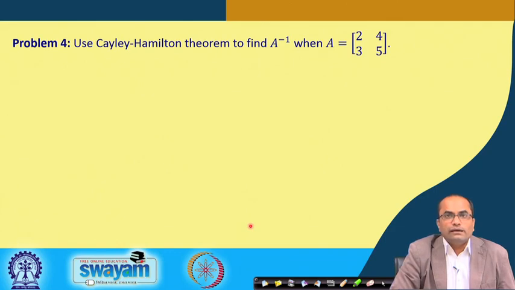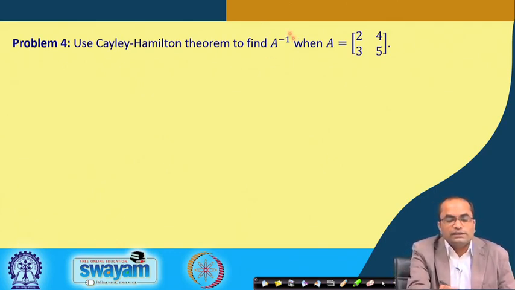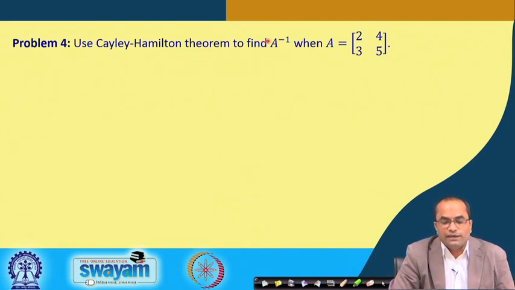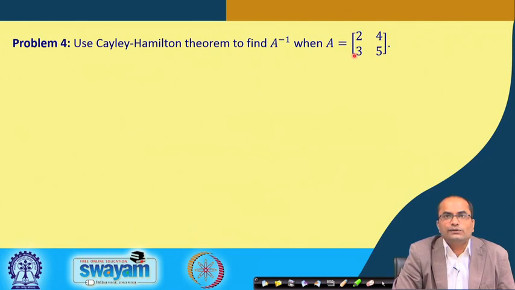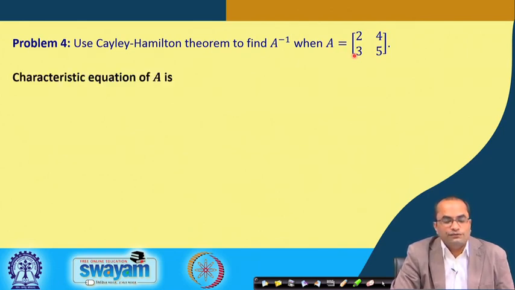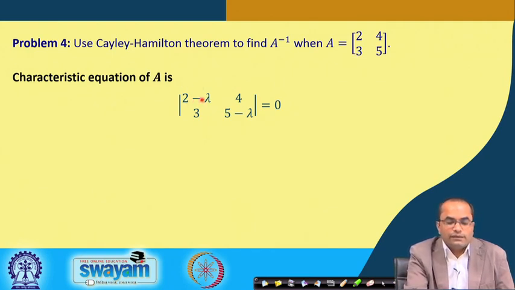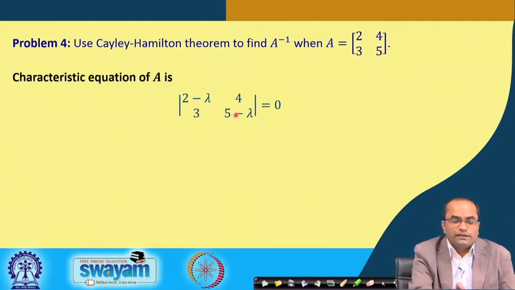Another use of this Cayley-Hamilton theorem, we can quickly look from this example. We can use this Cayley-Hamilton theorem to find this A inverse. So, again a very simple example, we have started with this A is equal to 2, 4 and 3, 5. If we write down its characteristic equation, again this lambda is subtracted from the diagonal, and we can simplify this determinant.